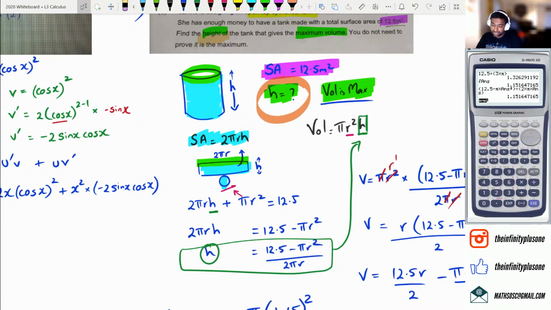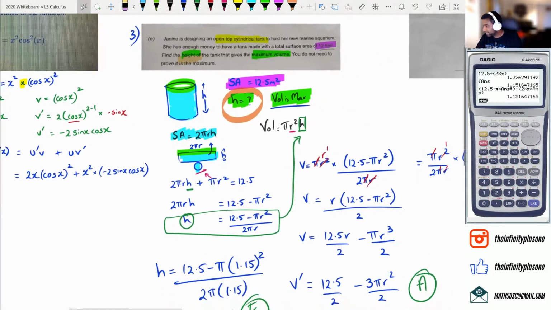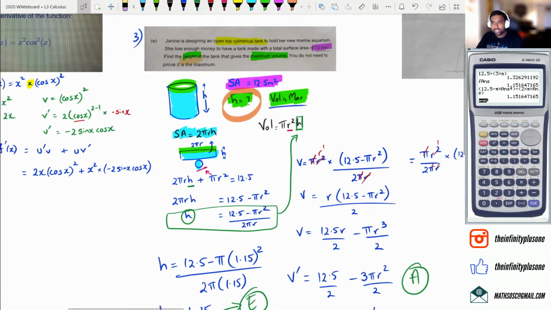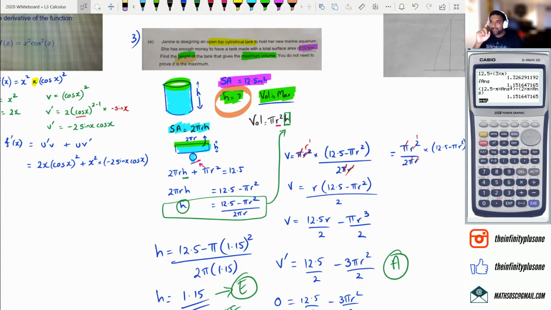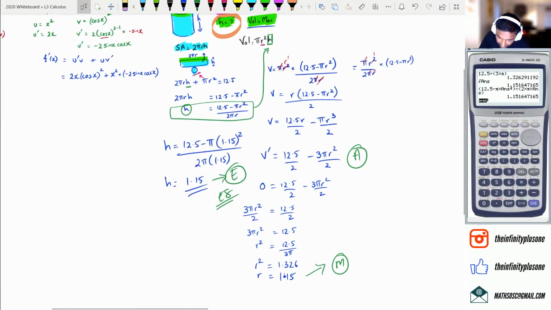What if you did dV/dh? Oh, that's a really good question, Ashwood. If you're going to do dV/dh, then in this particular case, you would have to get an equation for r squared, or you have to get an equation for r. And in this case, it's actually quite challenging, because look at this.